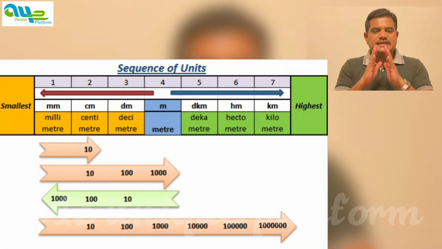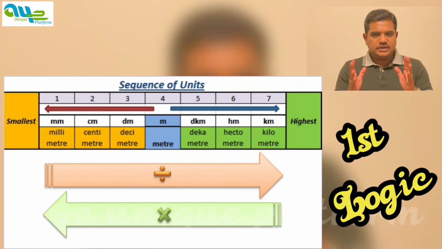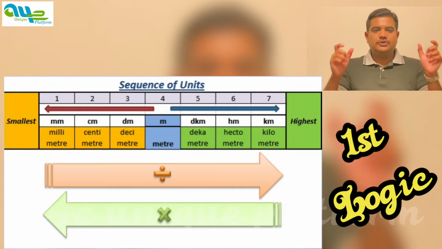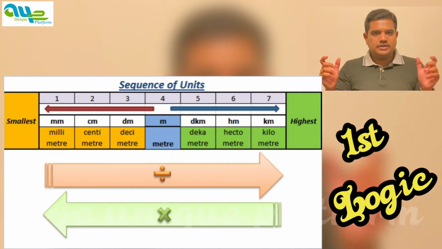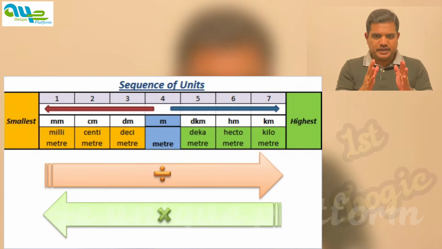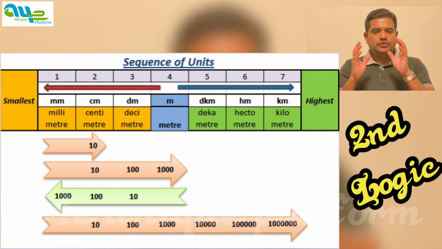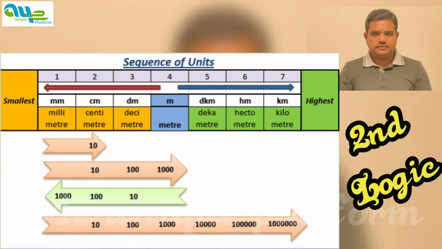So totally 6 zeros you need to use. The number you need to use is 10 lakh. So this is the logic. The first logic is from smallest to highest you need to divide, and highest to smallest you need to multiply. The second logic is you need to use the number of zeros based on the positions in the sequence of units, from how many to how many. These are the two different logics you need to use.